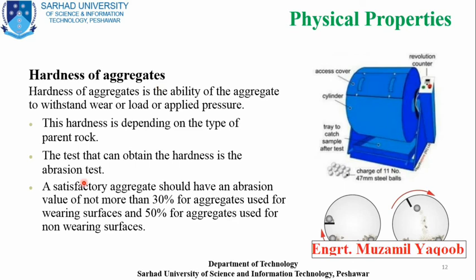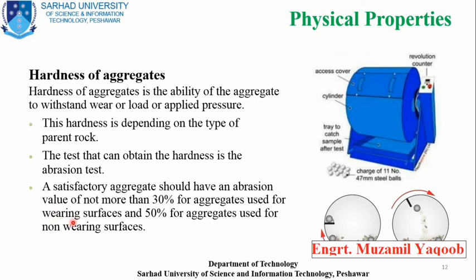As for its satisfactory value, a satisfactory aggregate should have an abrasion value of not more than 30% for aggregates used in wearing course or wearing surface. Wearing surface means the top layer. For example, if you are constructing a road, the first layer you see is called the wearing course.